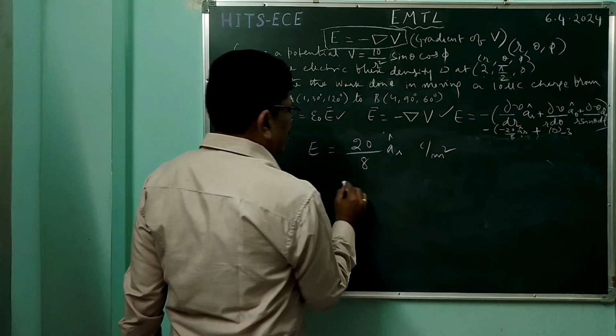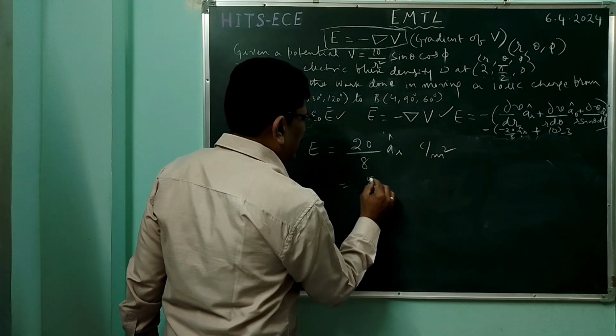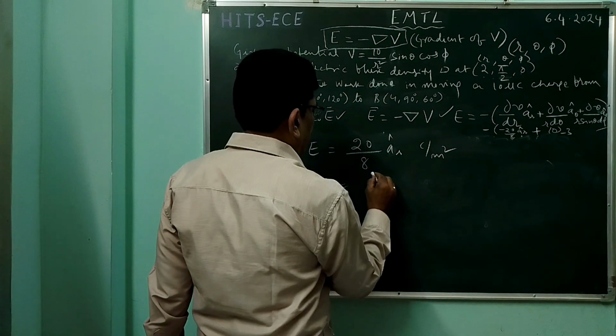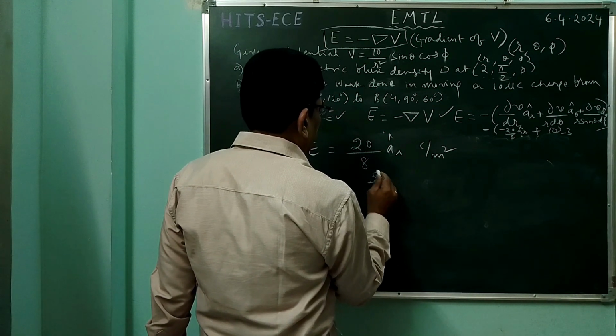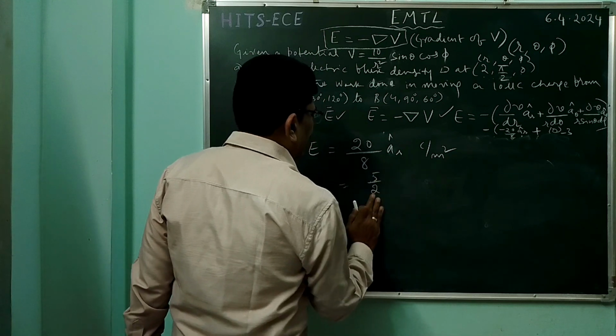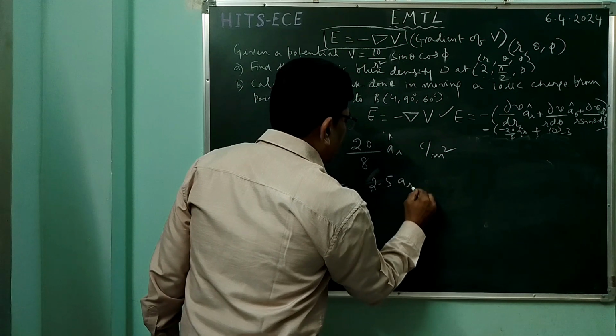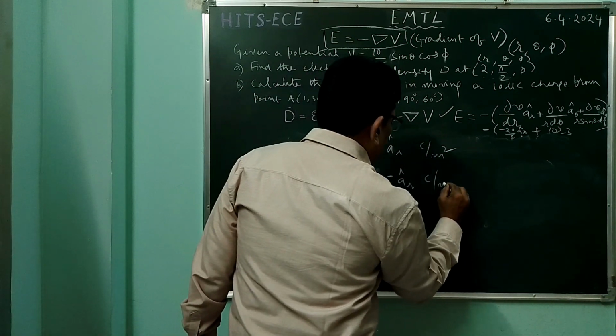Which is equal to 2.5, since 5 by 2 is 2.5. So 2.5 a_r cap coulombs per meter square.